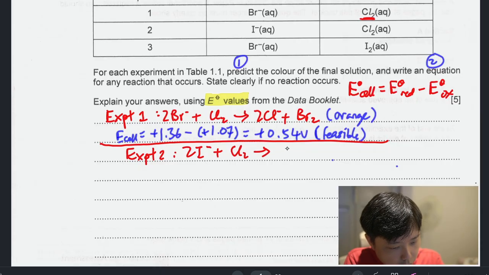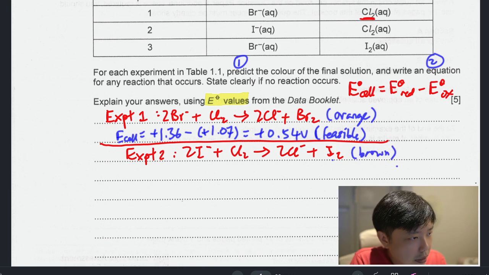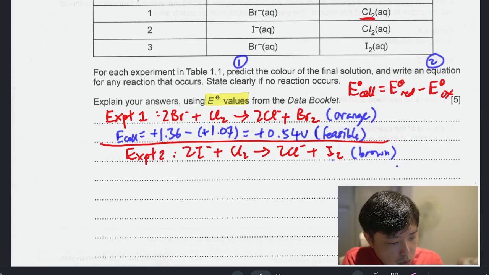That will give you 2Cl minus plus I2. What's the color of I2? Aqueous iodine is brown in color. And we need to calculate the E0 cell, showing using E0 values.